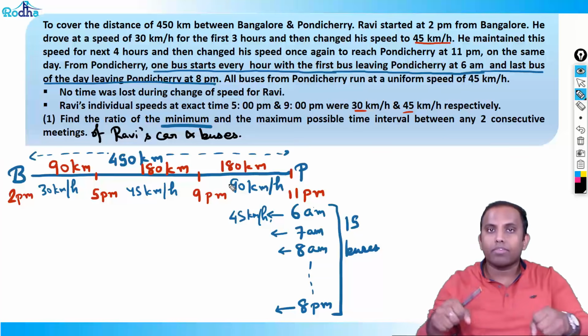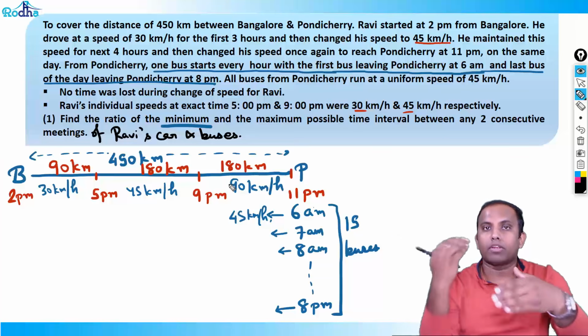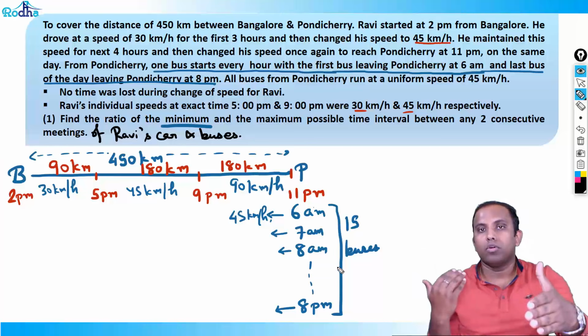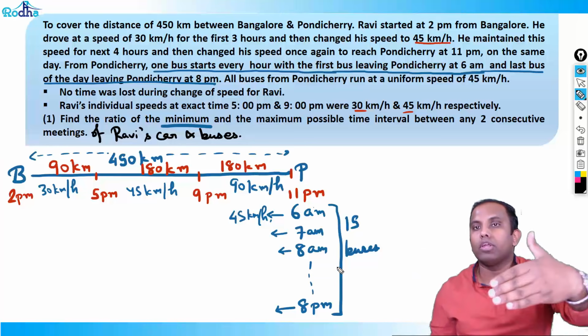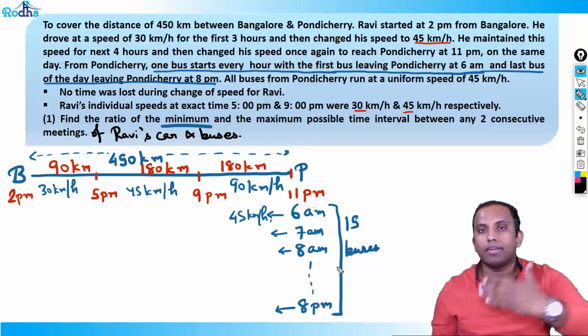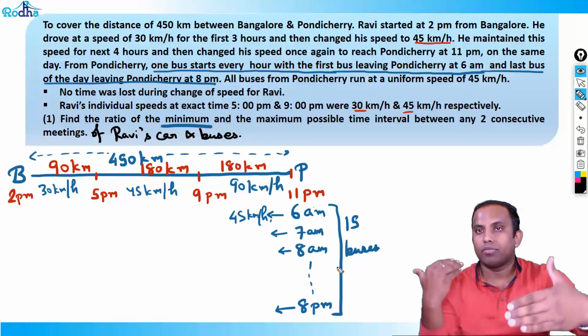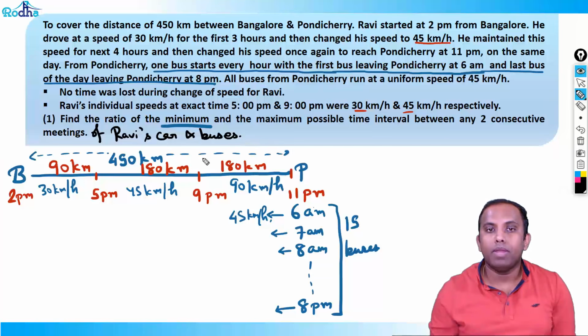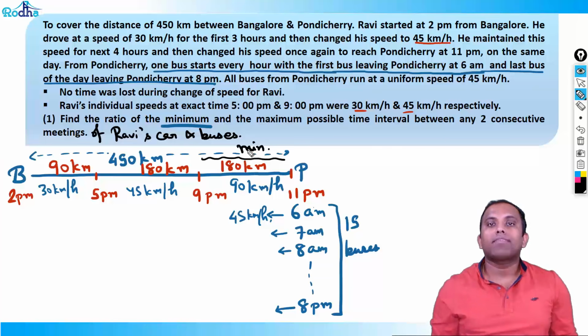Ravi is going from Bangalore to Pondicherry, and the buses are coming from Pondicherry to Bangalore. When my speed is fastest at 90, the buses will cross me very fast, so the minimum time interval will be in this part. And the maximum interval will be when I am at the slowest speed, that is 30.